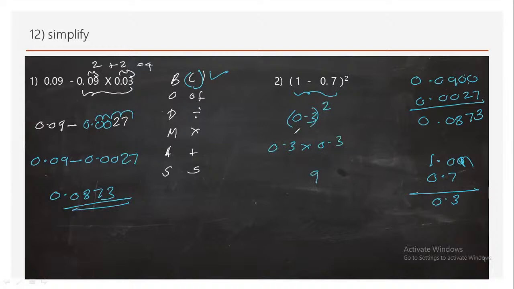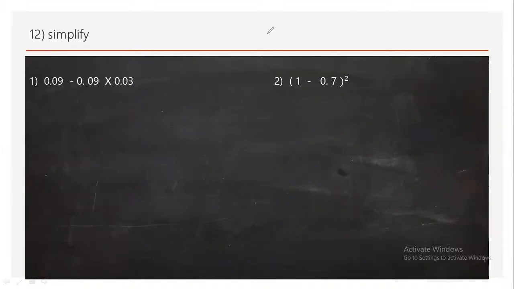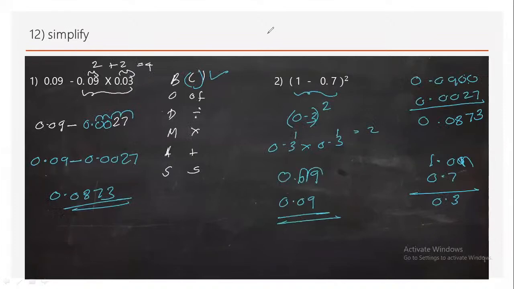You have to separate the decimal. 1 decimal, here 1, altogether how many decimals? 2 decimal places. So, separate these 2 decimal places. 1, 2, then 2 decimals. Then the answer is 0.09. And look at it. And you can complete your tube. 0.09.